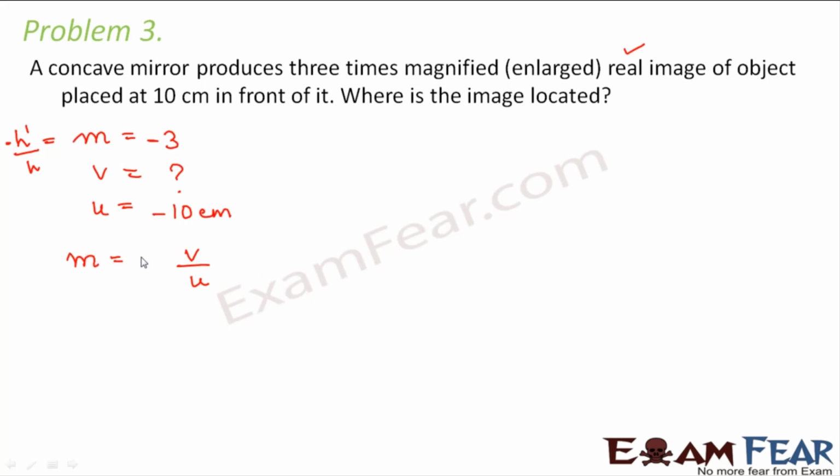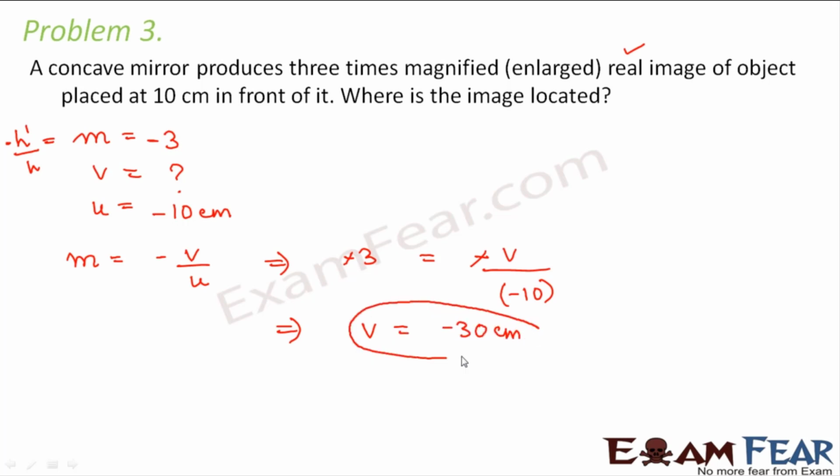Now we know that magnification is equal to minus v by u. So minus 3 equals minus v divided by u, which is minus 10. From this we can say that v comes out to be minus 30 centimeters. That means the image will be formed at a distance of 30 centimeters from the pole, towards the left hand side of the pole, right? So please take care to put the sign convention everywhere consistently.